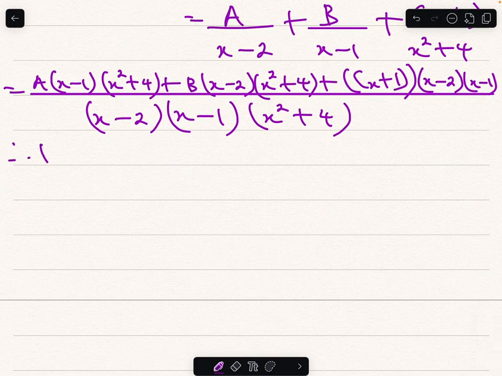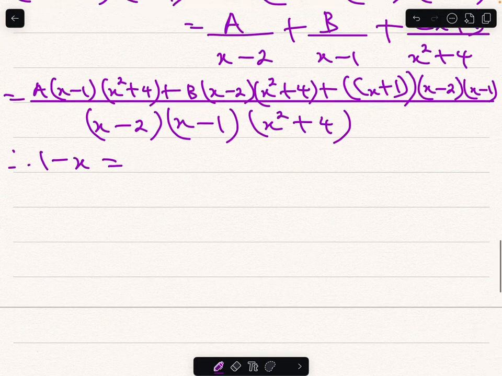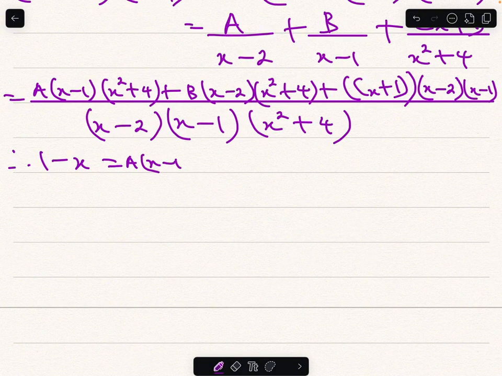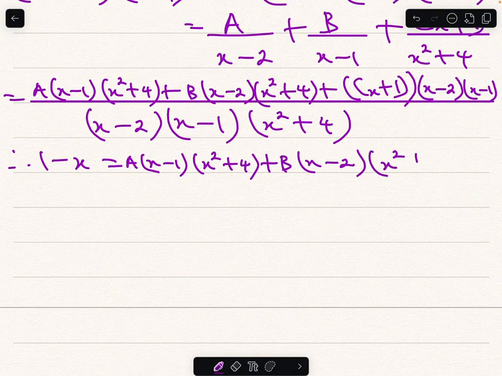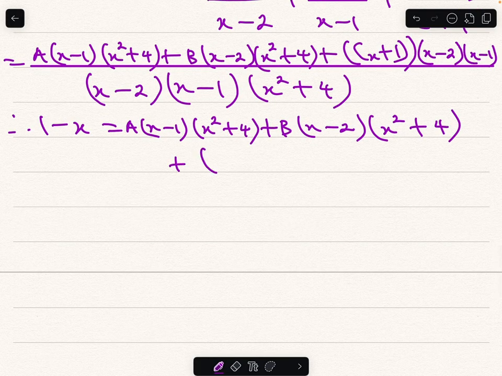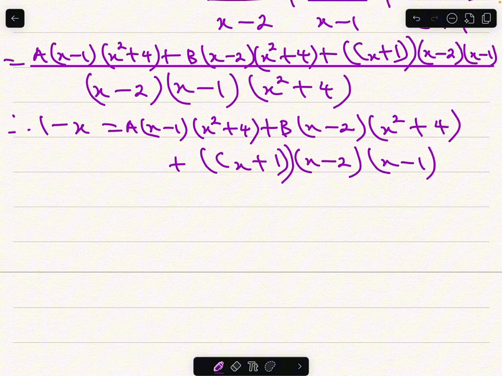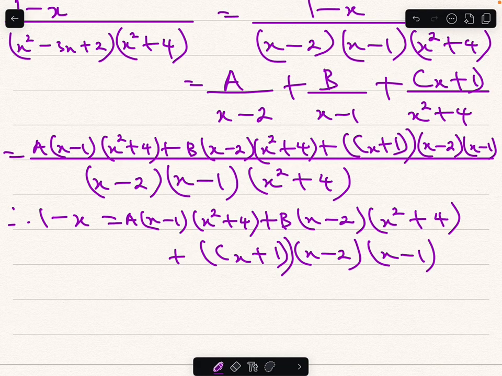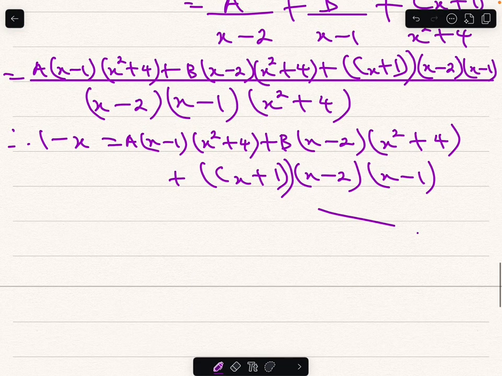So I can say therefore that 1 minus x is the same as a into bracket x minus 1 times x squared plus 4, plus b times x minus 2 times x squared plus 4, plus cx plus d times x minus 2 times x minus 1. Now let's call this equation 1.